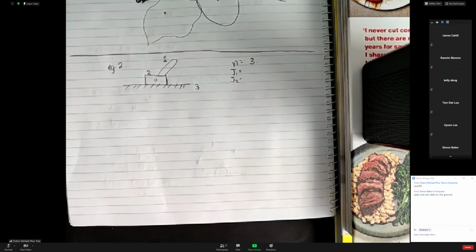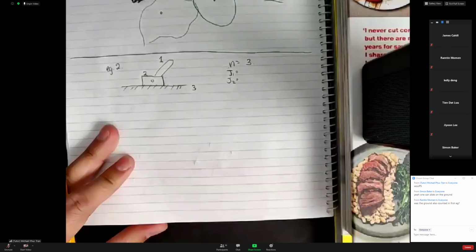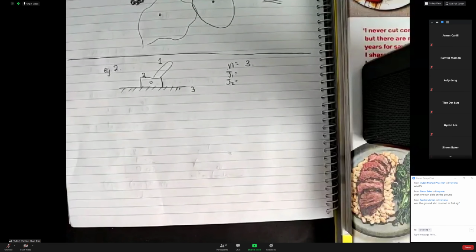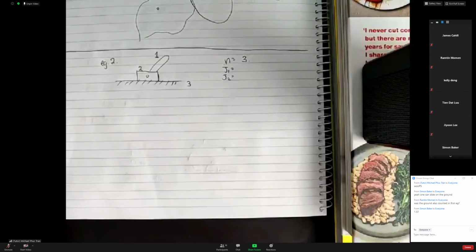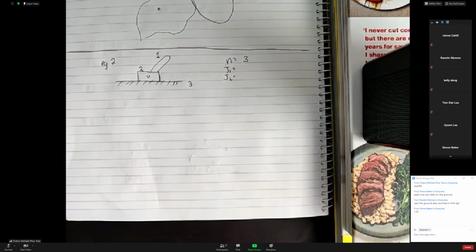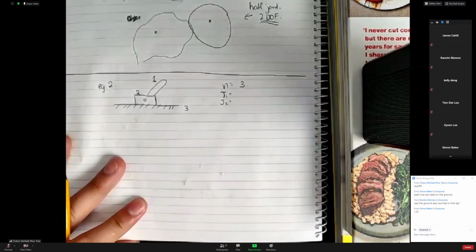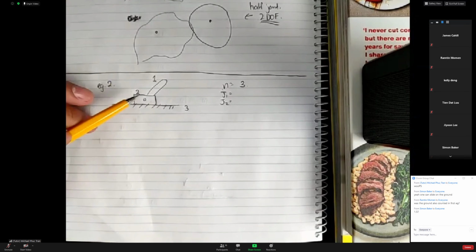How about joints? Yeah, that's right. How many joints do you reckon we have? 1.5. Why do you say 1.5? So obviously the pin is 1.